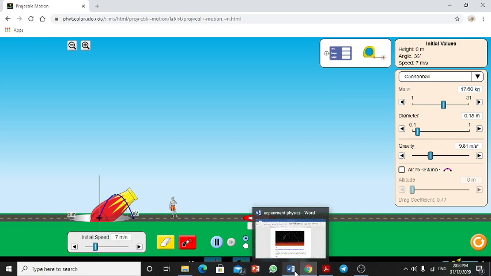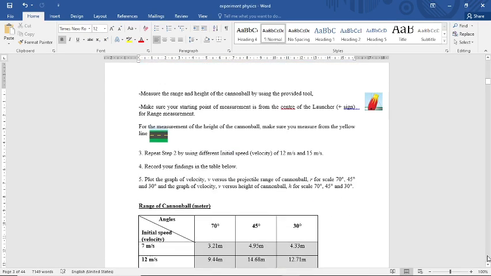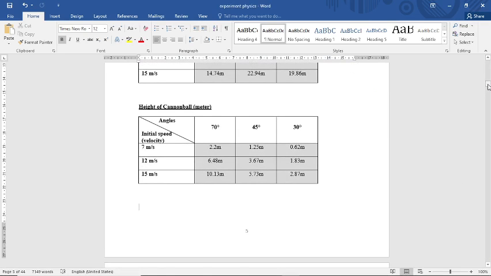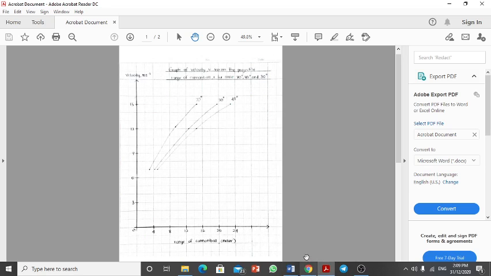So after we finish this experiment, we collect the data and put it in this table. So this is the result from the experiment. From this result, we plot the graph, and this is the result from the graph.